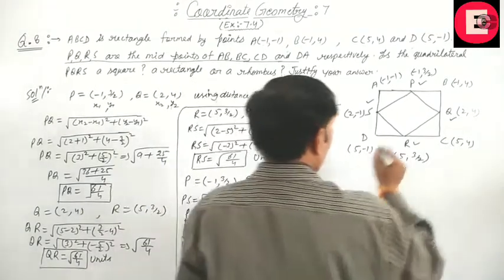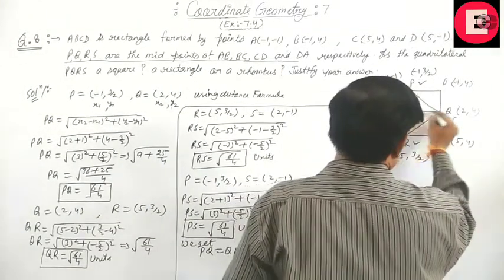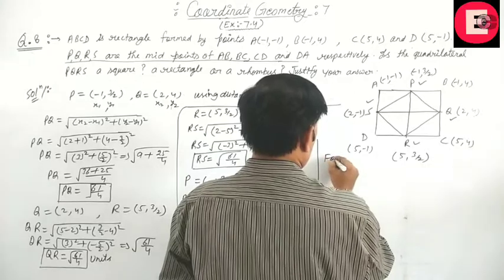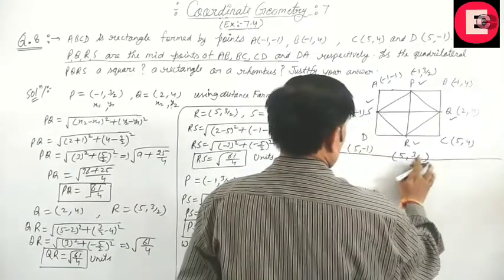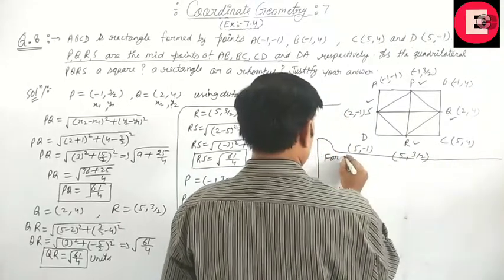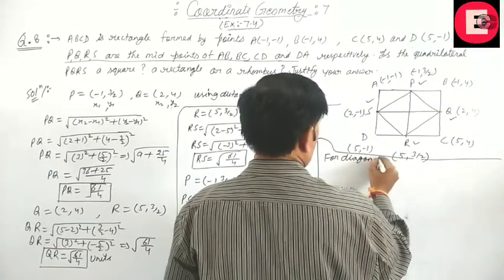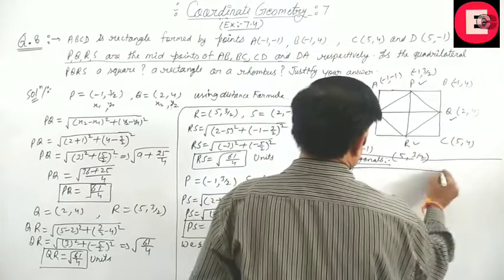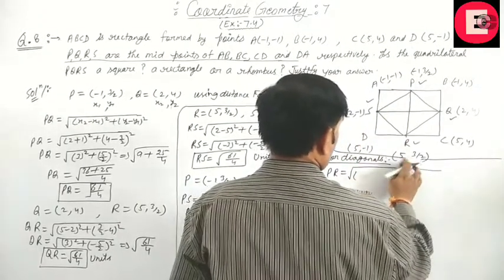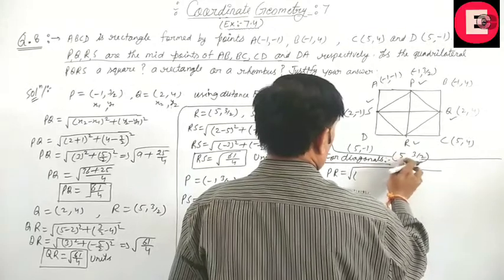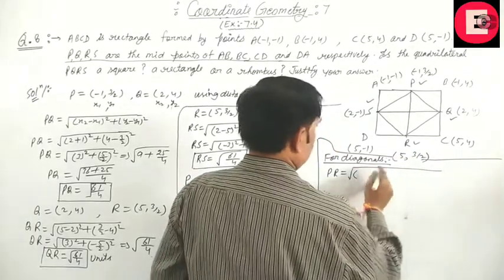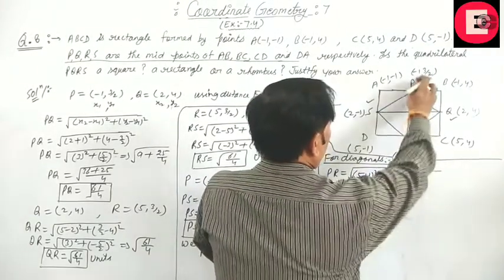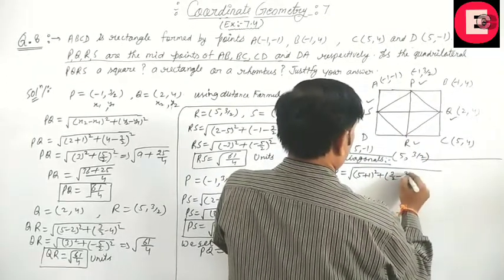Now for the diagonals. PR is equal to, put the values of P and R, then (5 minus (-1)) squared and here plus (3/2 minus 3/2) squared.